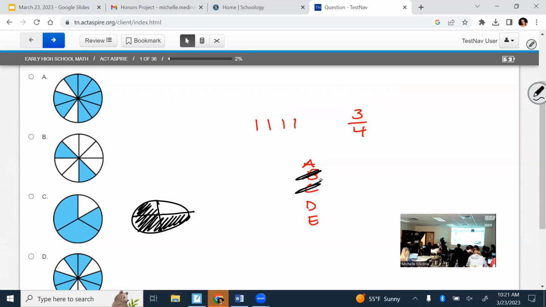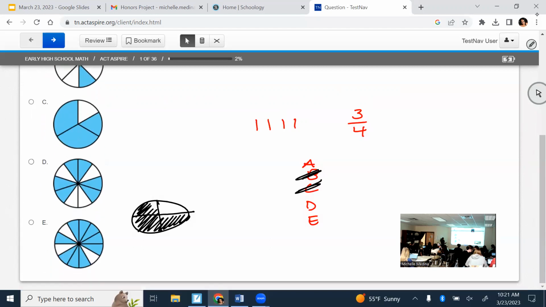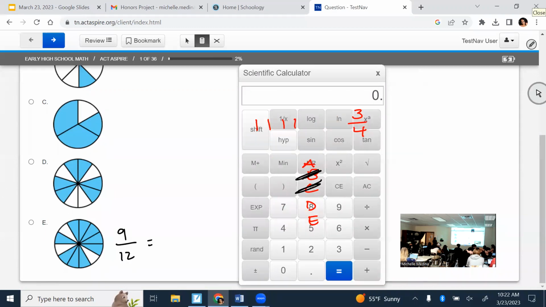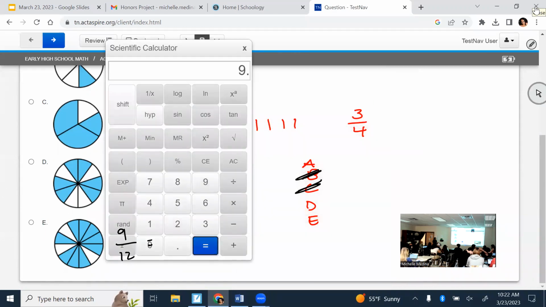All right, the other ones are all pretty similar to each other. So we're probably going to have to do the math, but now we're at just 3 options, which is better odds. So I'll go from bottom to top. How many sections are there in E? 12. How many of them are shaded? 9. And when you simplify that, or if you just want to put it in your calculator, 9 divided by 12, does it give you the same decimal as 3 divided by 4?